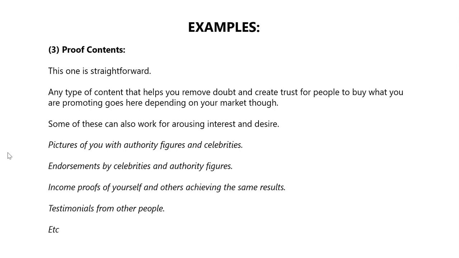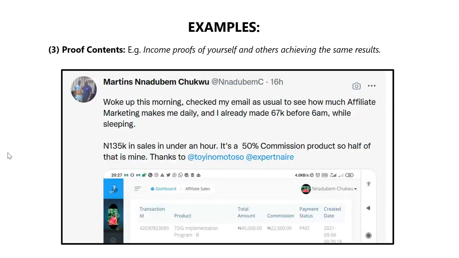Examples are pictures of you with authority figures and celebrities, endorsements by celebrities and authority figures, income proofs of yourself, and others achieving the same results. If you have students, then you can share proofs about your students achieving the kind of result that other people too want to achieve. The proof content can even be feedback from other people who are achieving similar results, like this one below that I copied from Twitter.